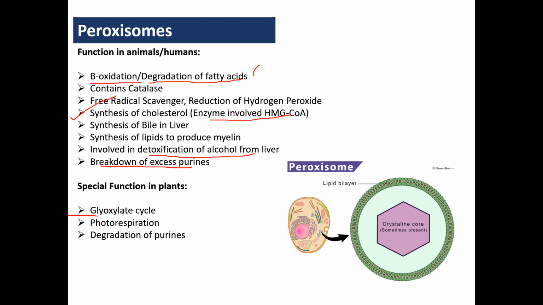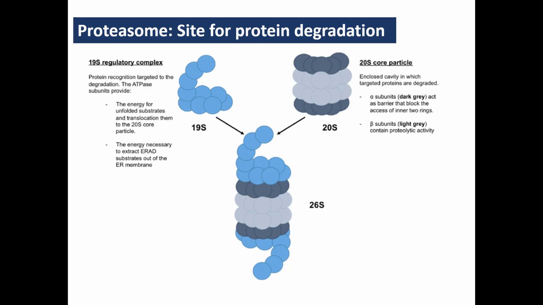They perform in the glyoxylate cycle, and they also perform photorespiration in plants. Photorespiration is the respiration which happens in combination with photosynthesis, and in plants it also helps in the degradation of purine. So glyoxylate cycle and photorespiration are the special functions in plants. This is the structure of the peroxisome.